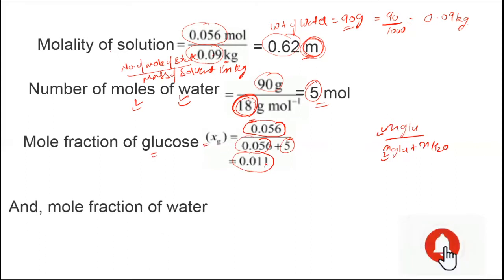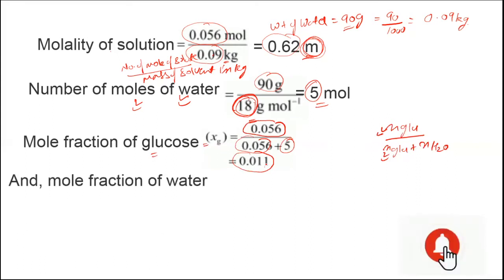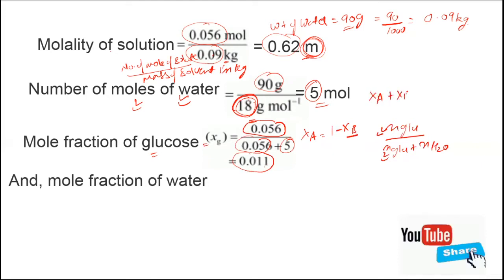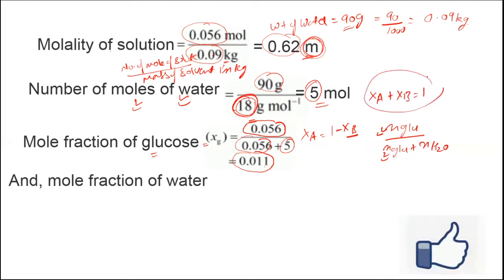We know the formula that the mole fraction of a component A is equal to 1 minus the mole fraction of another component B. As you know, the mole fractions of the two components always sum to 1. So by knowing it, we will calculate the mole fraction of water.